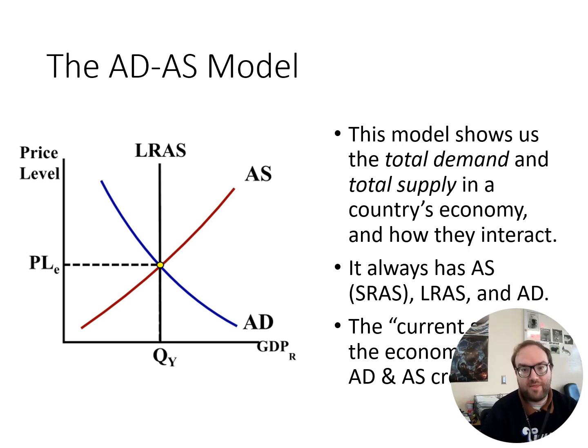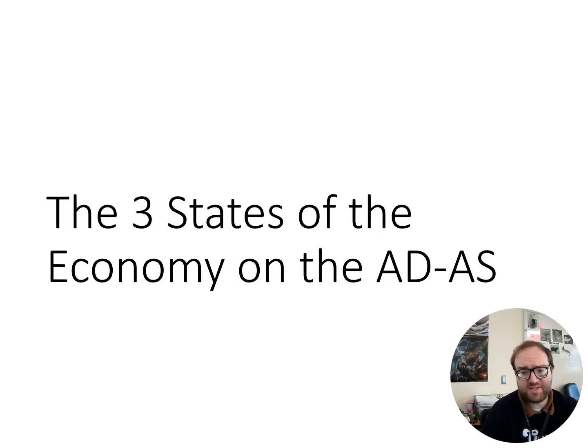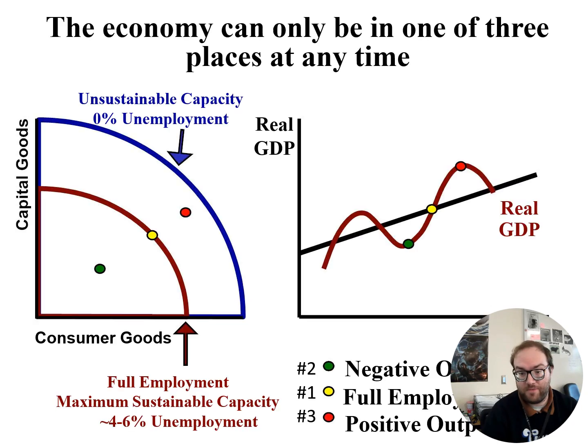If you look at this graph, it represents the current state of the economy. This is our way of measuring what the economy is doing, right? So, the three states of the economy as represented on this graph. You might remember that there are essentially three places the economy can be at any given time, and we represented these with the business cycle in Unit 2.